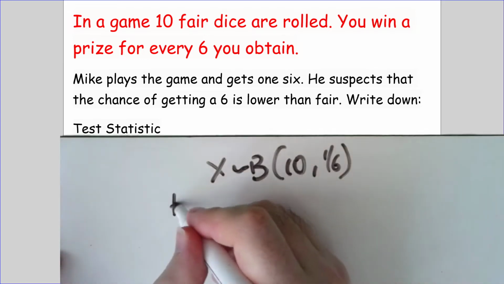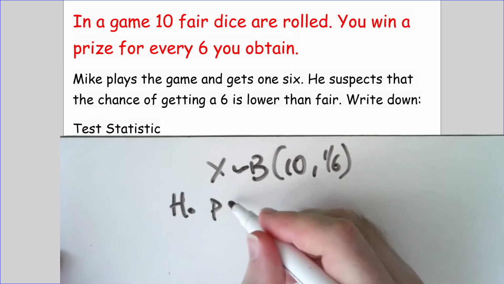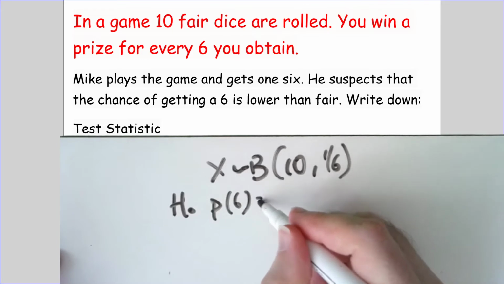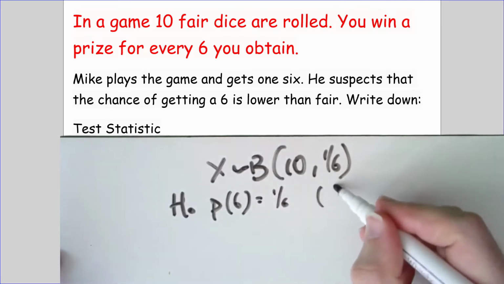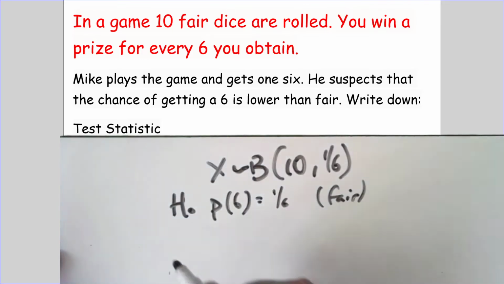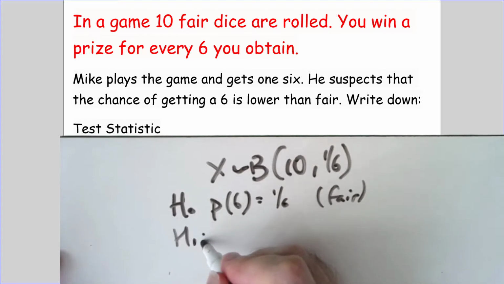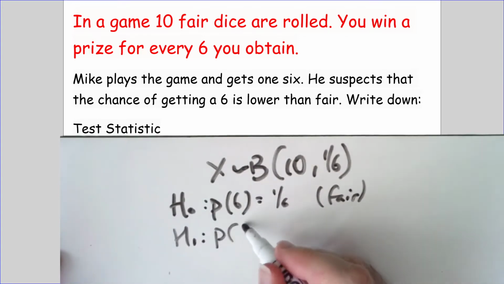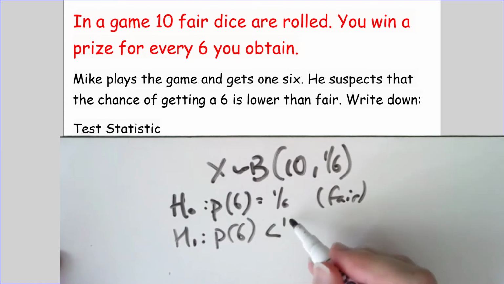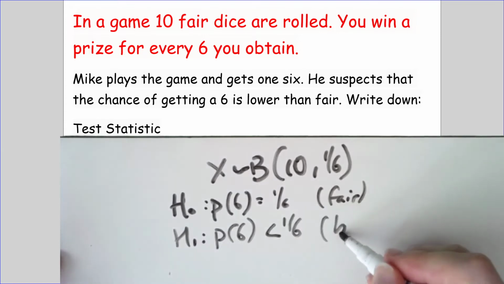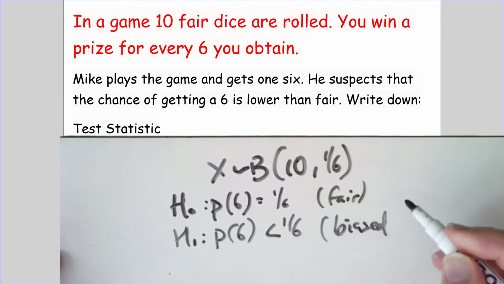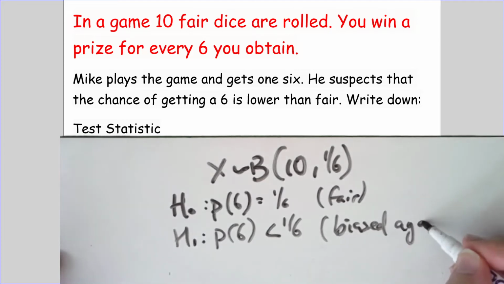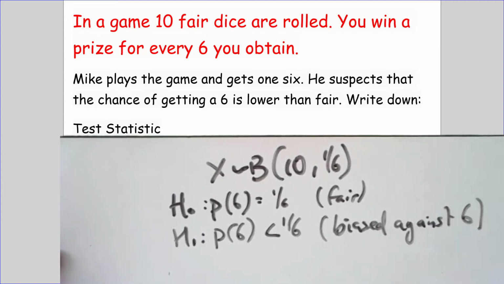Our H0 is going to be the probability of a 6 is 1/6, so this is fair. And our H1 is going to be the probability of a 6 is less than 1/6. So this is biased against a 6.